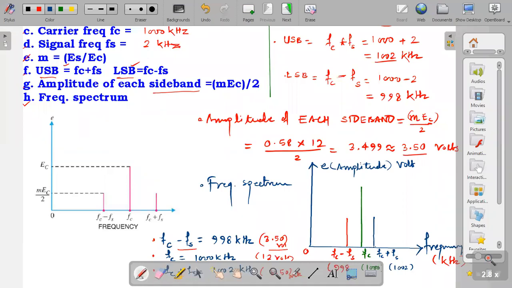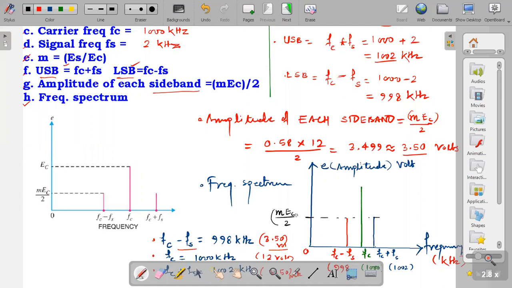See, first draw 3 lines with frequencies Fc minus Fs, Fc and Fc plus Fs. Then see the amplitude for each band. I will use a different color. Draw a line parallel to the frequency axis, and this is the amplitude of the sideband frequency, that is m Ec by 2.